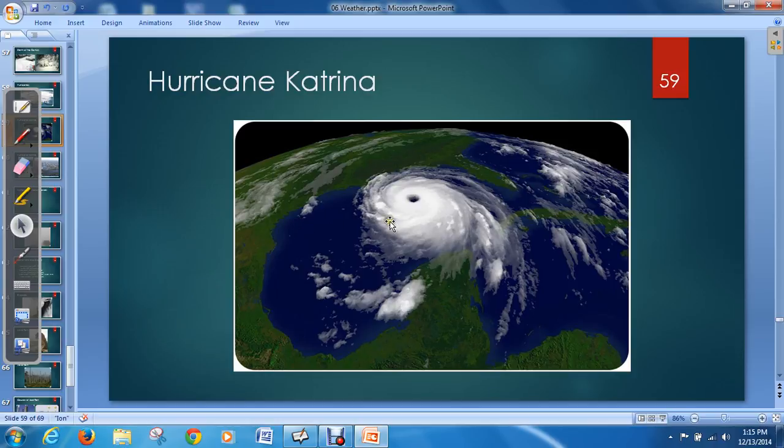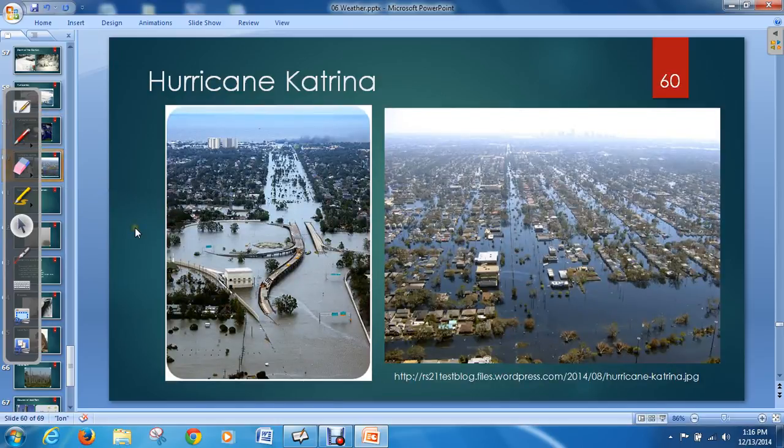If you remember Hurricane Katrina, you may have been pretty young, but I remember watching on the news and seeing Hurricane Katrina strike, and it was just incredible amounts of damage. The main place getting the most damage was New Orleans in Louisiana. Again, you can see that it's not so much the wind, but all the water damage that occurred. New Orleans was especially vulnerable because it is actually set beneath sea level.